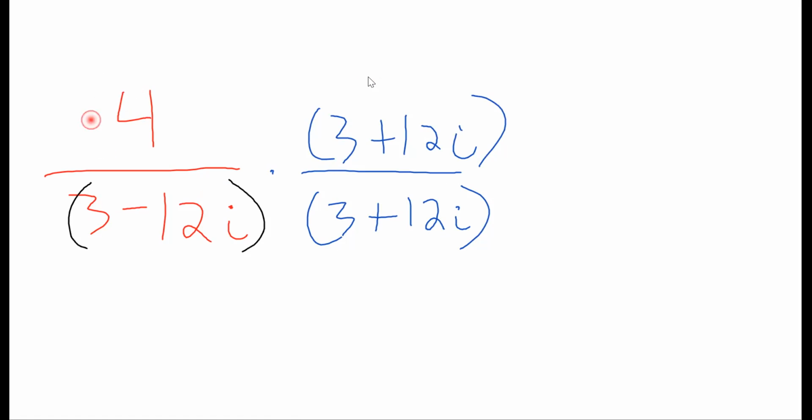You're going to have to take this 4 and distribute it over here in order to simplify. So let's do it. Let's jump in. On top, you're going to get 4 times 3 is 12 plus 4 times 12i, which is just 48i.